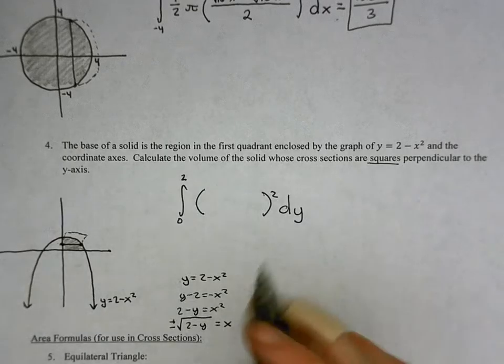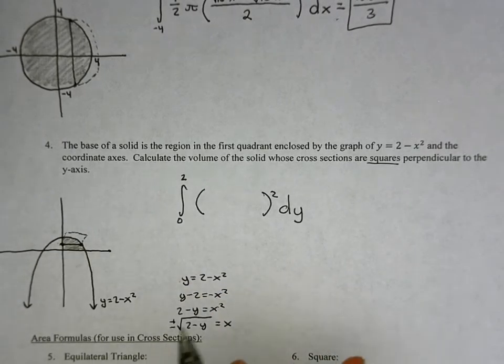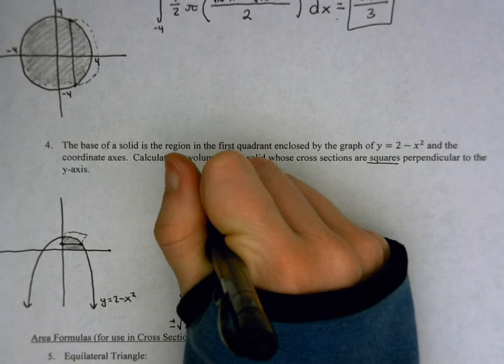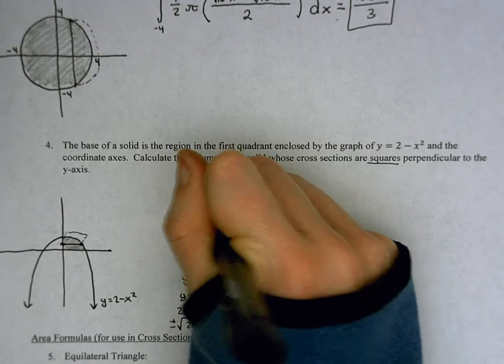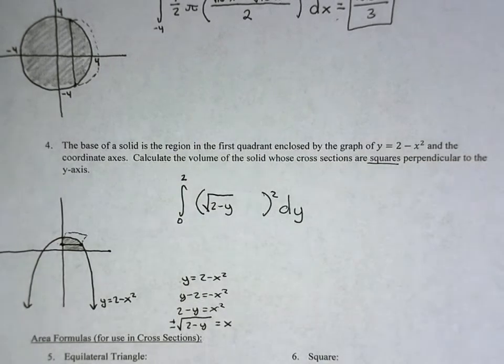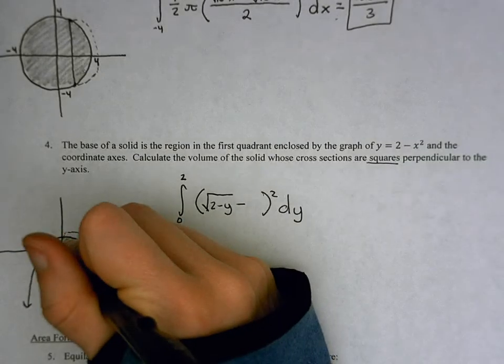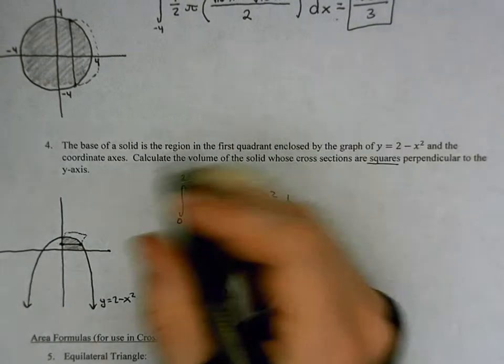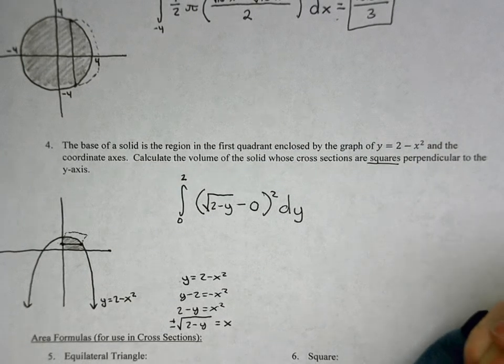This point here, this upper point, sits on the positive part of our quadratic. Okay, and so this is my square root 2 minus y. Okay, and then minus my lower, which sits on the y-axis, which is at x equals 0. Okay, and so that's what we're going to plug in.